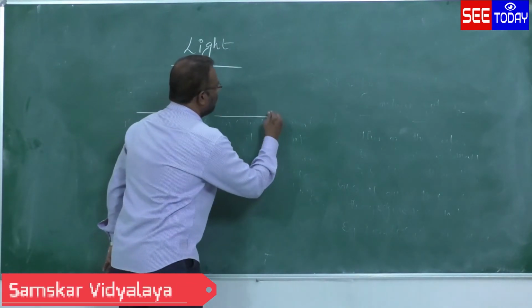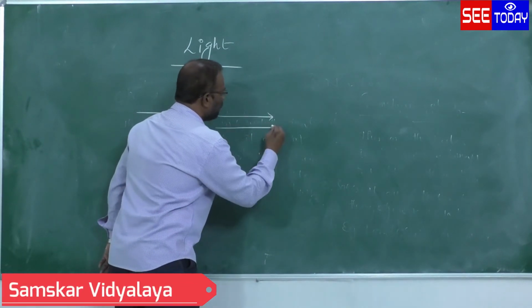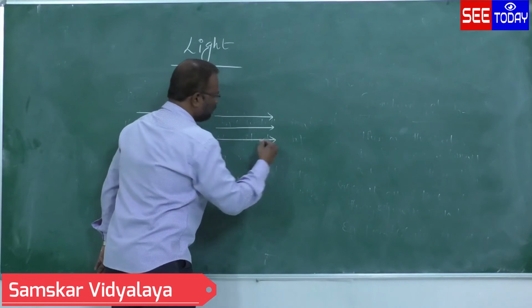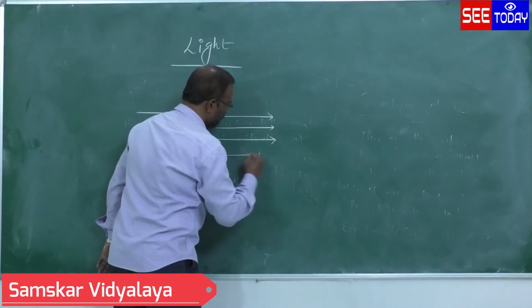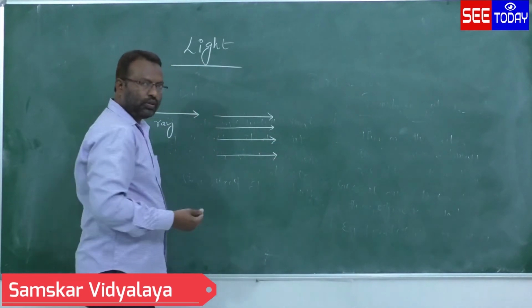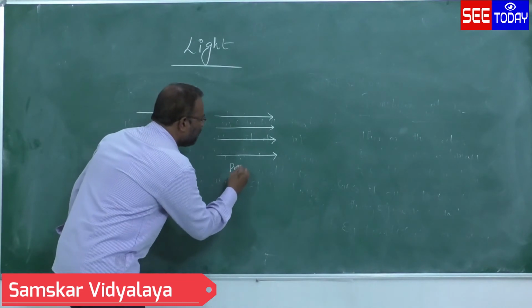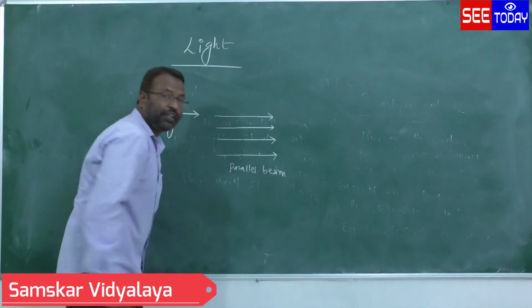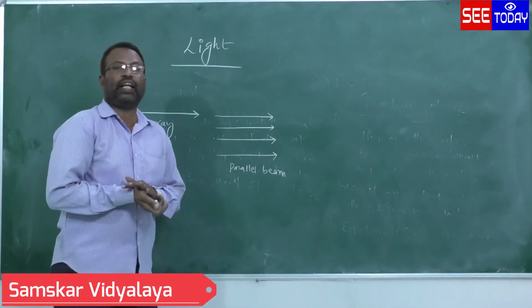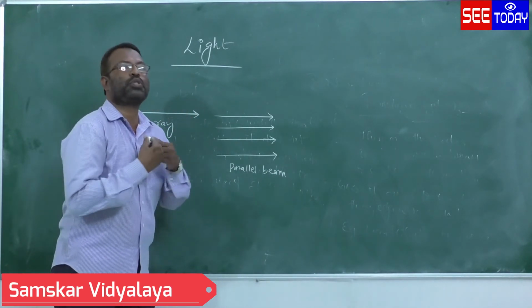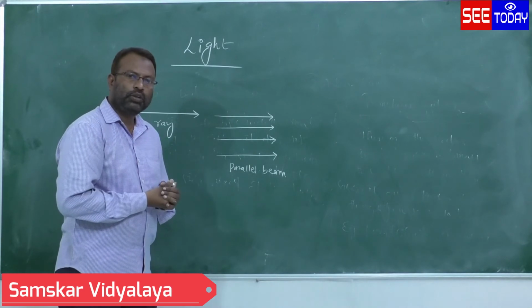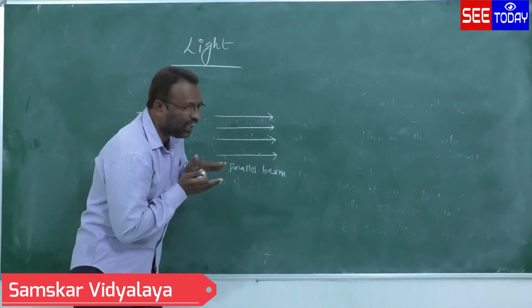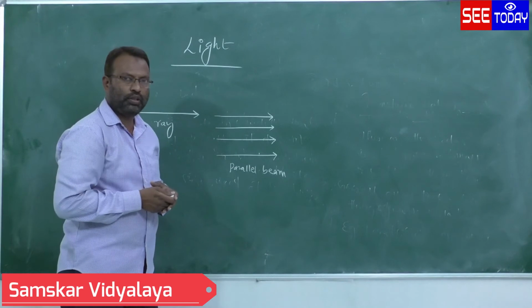Suppose you take a group of parallel rays, I will call it a parallel beam. So you can expect that any source of light will give a parallel beam. A group of rays will emanate from the source.